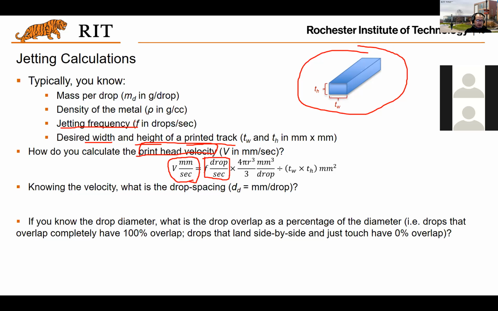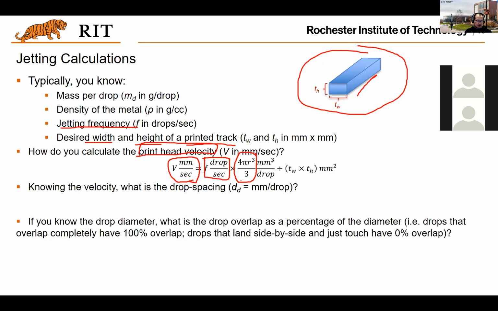And you can consider each of the droplets to be a sphere, right? And you can use this equation to compute the volume of each of the droplets, right? And then that's the one droplet. So how about you want to have the length of this trace for 1 second, right?